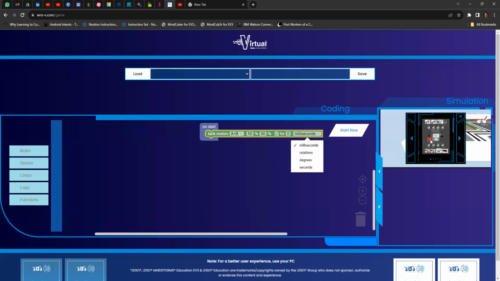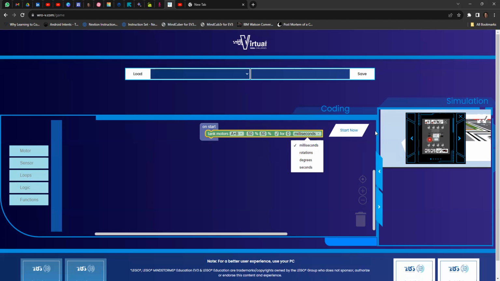For example, if I ask the robot to move 2 rotations, and in the middle, at one and a half rotations, it gets stuck on a wall, the robot will not be able to do anything else because it couldn't achieve the goal, and it won't move to the next block. But if you give it seconds, even if it hits a wall, whatever the number of seconds that passes, it will go to the next block, even if something wrong happened.